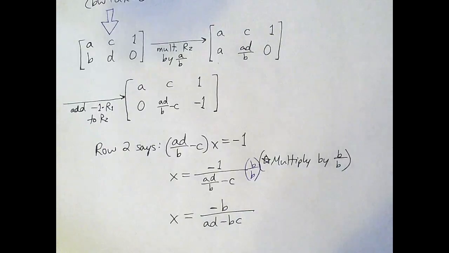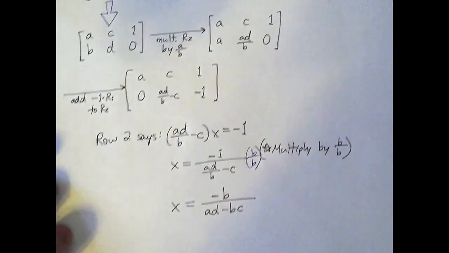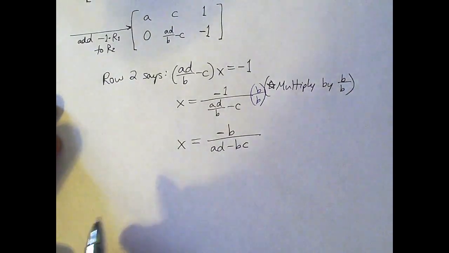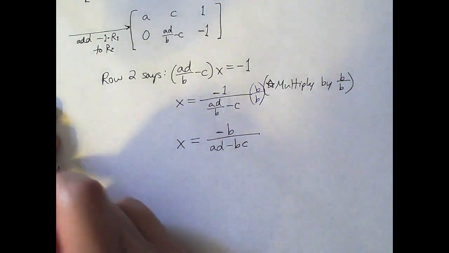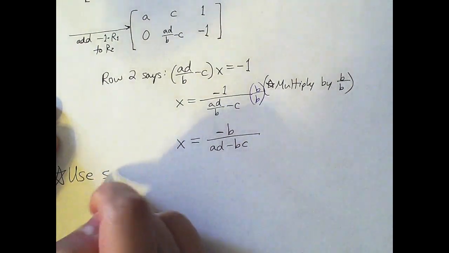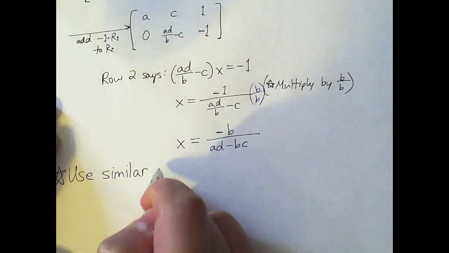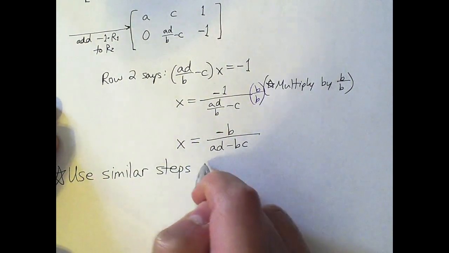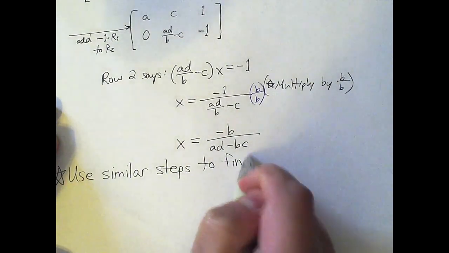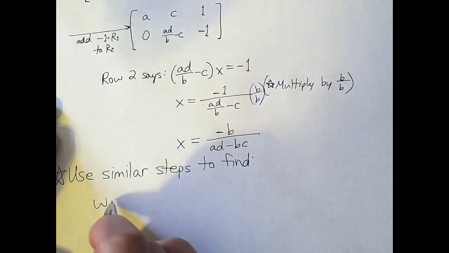Could we do this to find the other ones, like W? Yeah, we could find W and the others. So instead of going through all those steps and deriving all of them, I'm just going to tell you that you could use similar steps or a similar strategy to find all four of them.